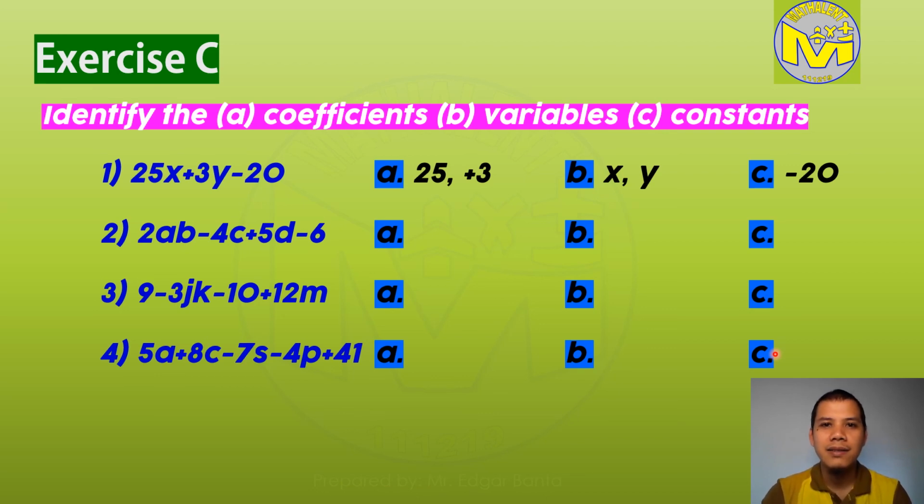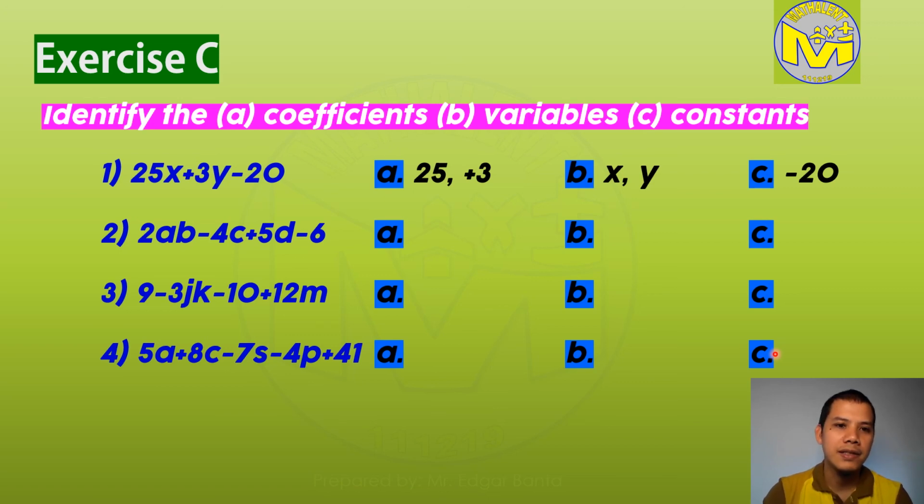How about a? The coefficient of a is also 1. Any letter or variable that you cannot see a number in front of, the coefficient of it is always 1. But whenever you see a number before a letter or a variable, that is the coefficient of it.